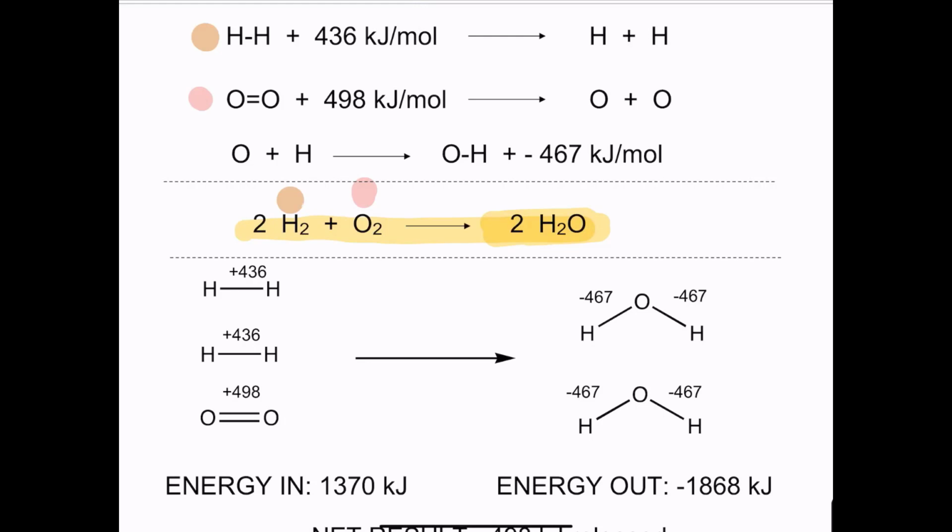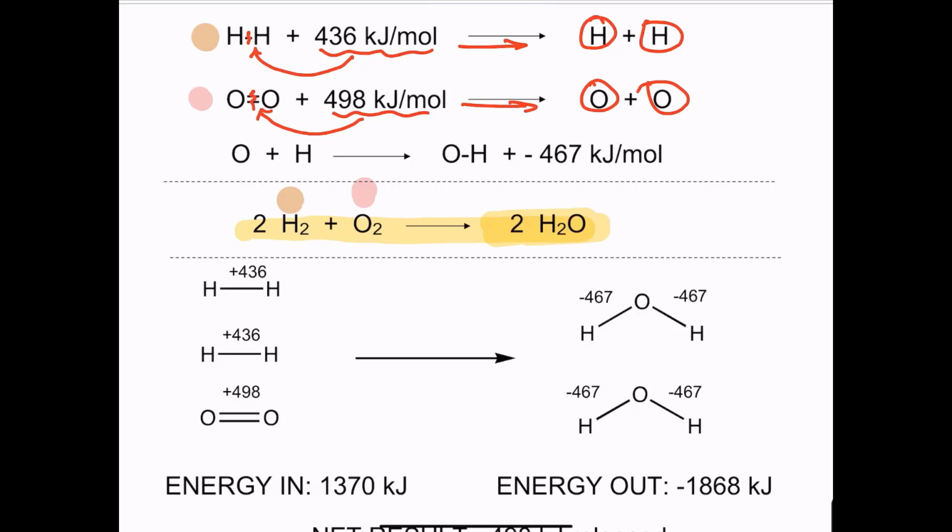So they start out as part of a molecule. And so the first order of business, before you can get them to form different bonds, is to break up those bonds. In order to break up those bonds, you need to supply this much energy for the hydrogen molecule and this much energy for the oxygen molecule in order to get them into individual atoms.